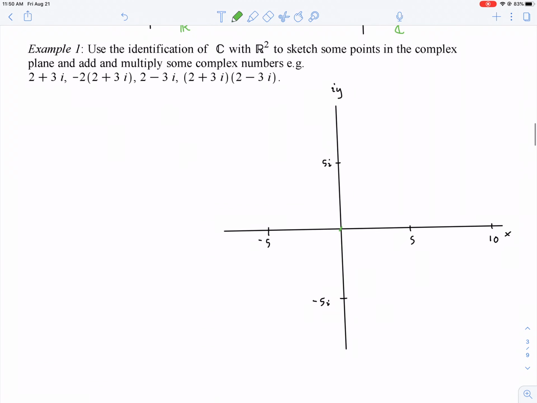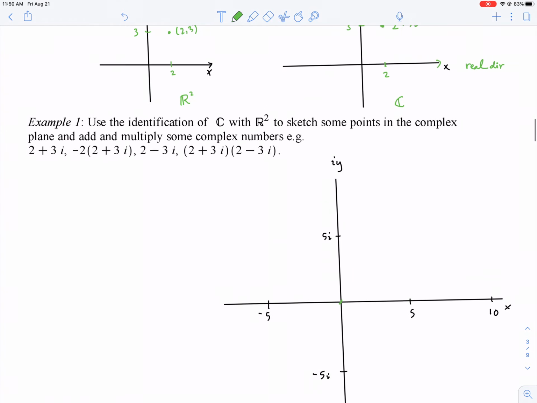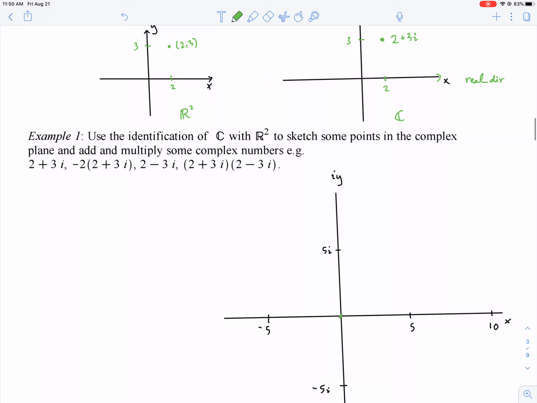All right, so just for some practice, let's plot some points. I already did 2 plus 3i. So 2, here is 3i. So here is 2 plus 3i. If I do minus 2 times 2 plus 3i, that's a special case of multiplication.